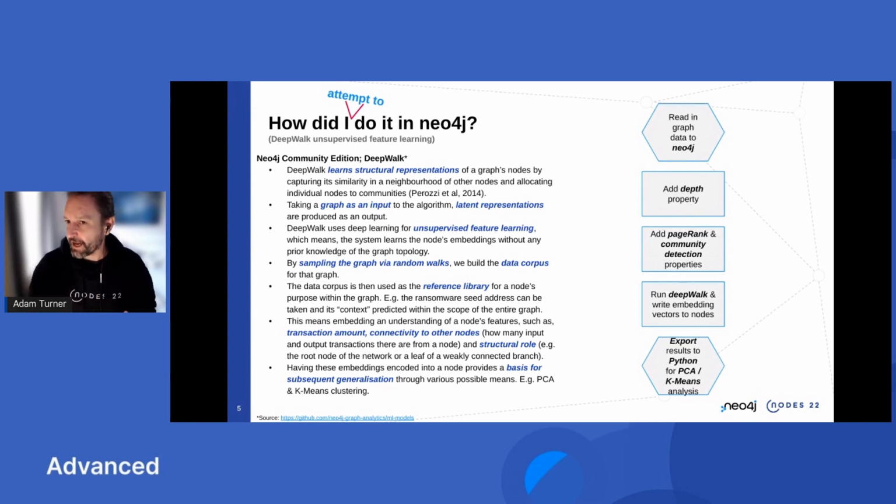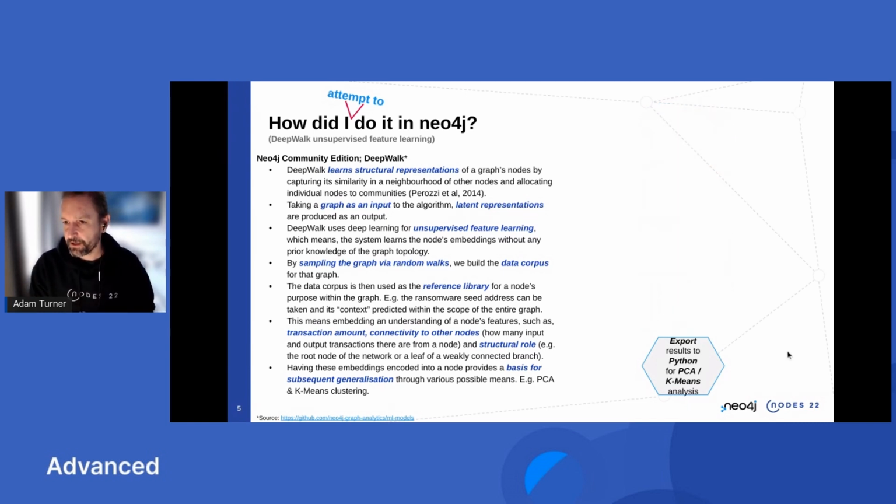Okay, so that last step there, I had the export to Python to perform some principal components analysis and k-means clustering. And this was important too. I used just a Jupyter notebook in order to reduce the embedding dimension down to something a little bit more digestible, and something that would be able to be analyzed in a 2D space rather than the whole vector space that DeepWalk uses.